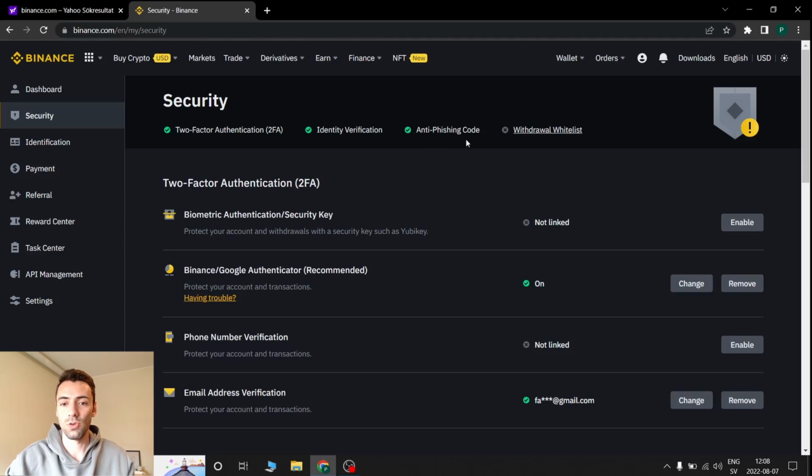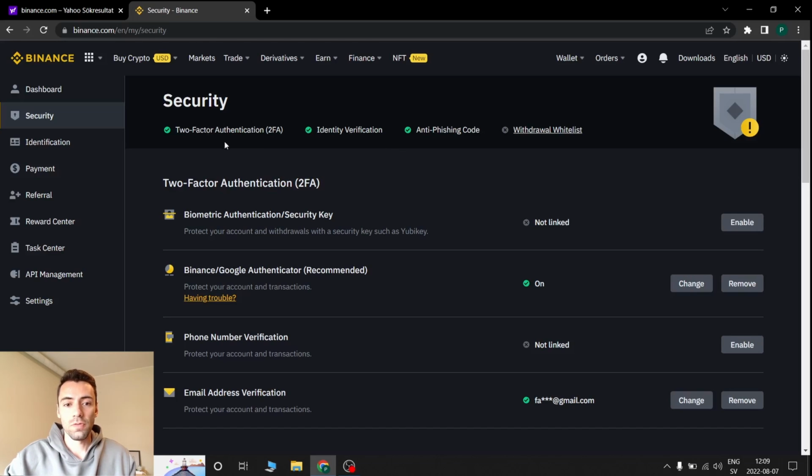So if you set the anti-phishing code, each email that you receive from Binance must have the label of what you actually entered in this anti-phishing code. You can enter almost anything, your father's name, your son's name. I chose, for example, payment123. So any email that I receive has a label on it that says payment123 anti-phishing code.